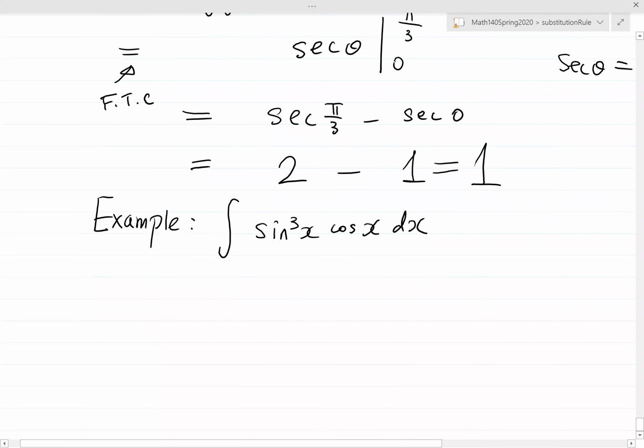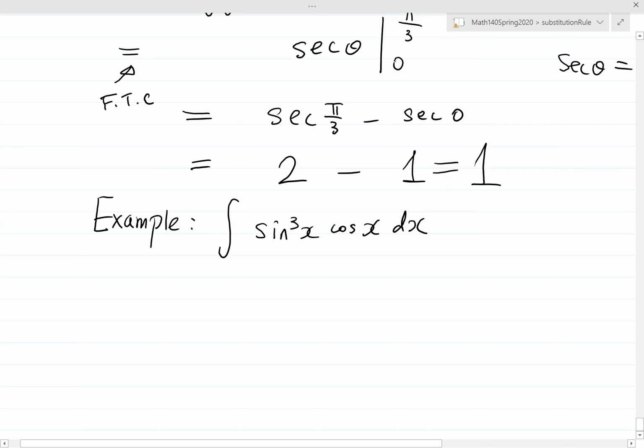What substitution do we choose? In general, if we have powers of sine and cosine, the thing that we substitute is either sine x or cosine x. In this case, we either substitute sine x or cosine x.